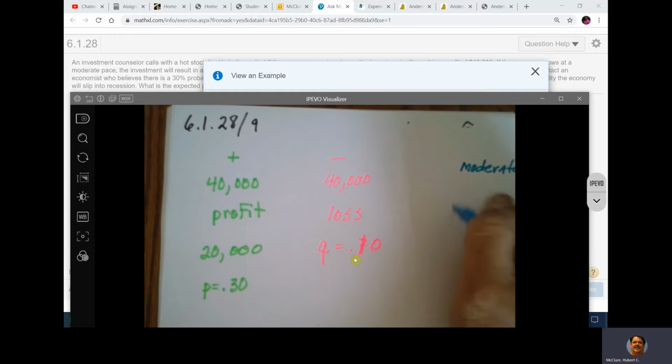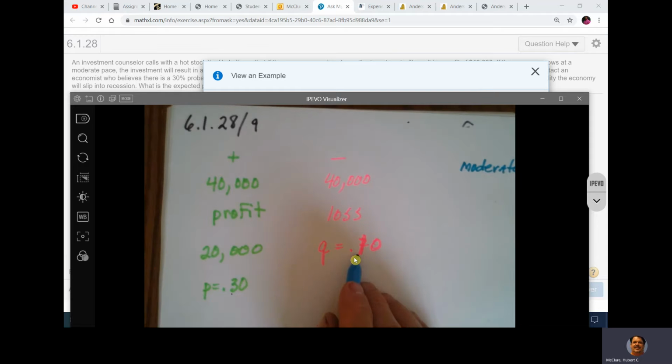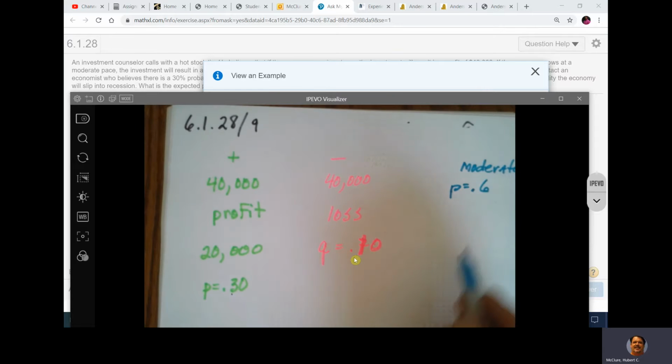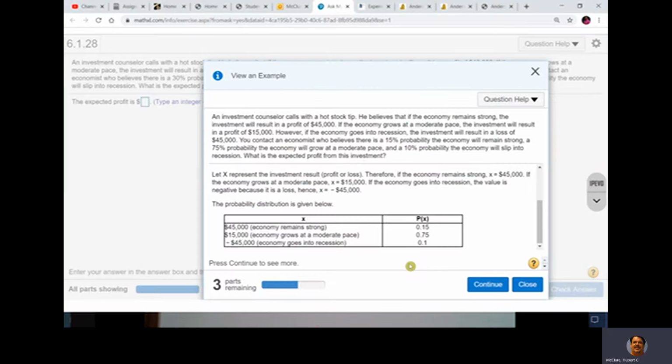Since 0.3 and that's 0.1, moderate is going to be 0.6. Okay, because 0.6 and 0.3 and 0.1 is equal to 1. And that's what they're doing right here.